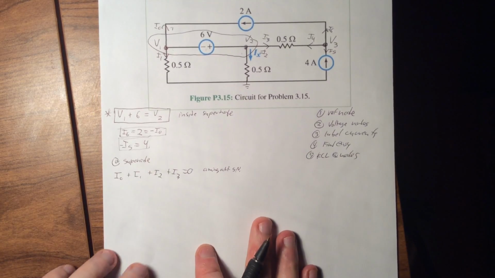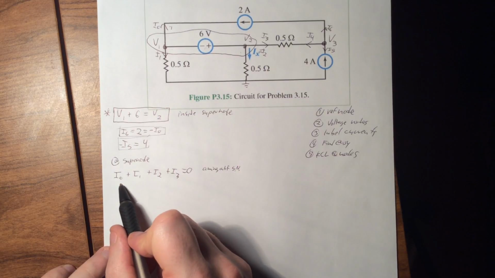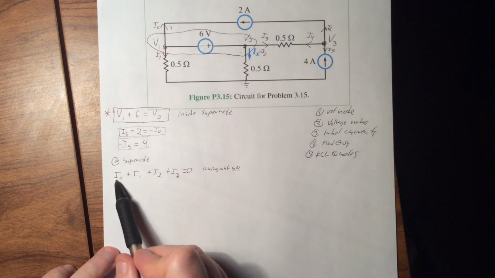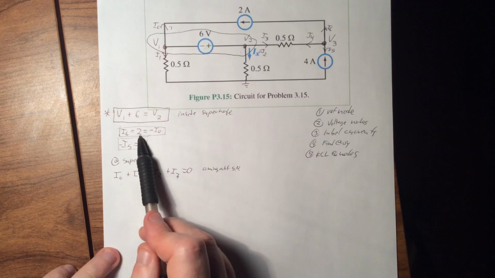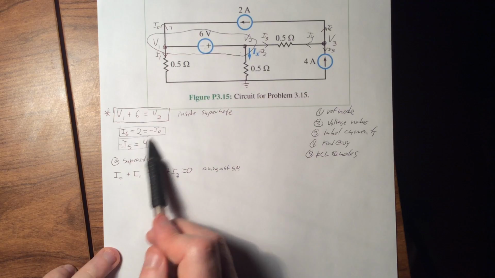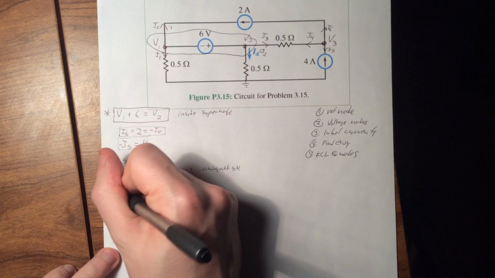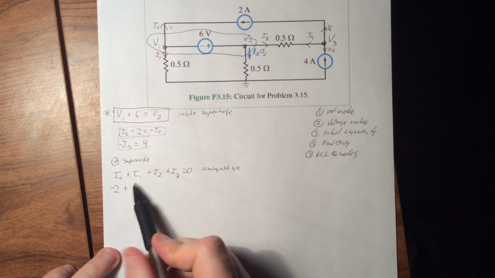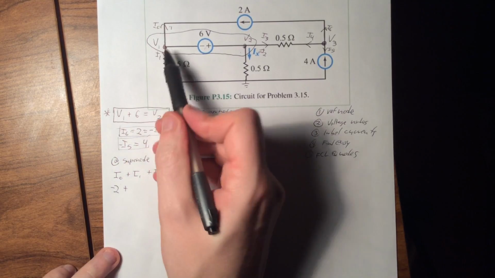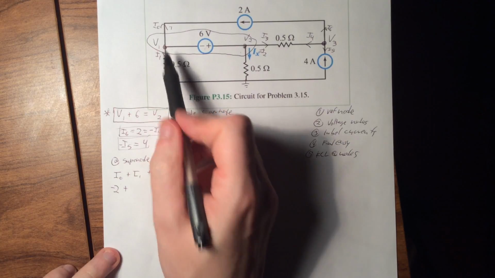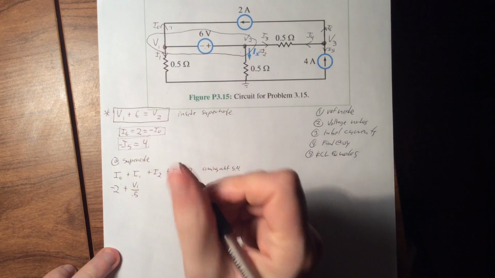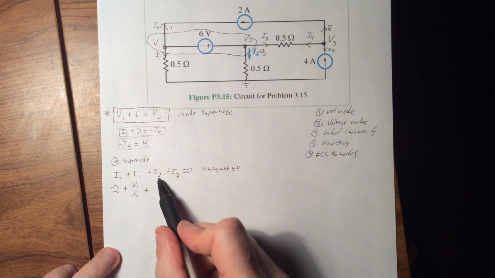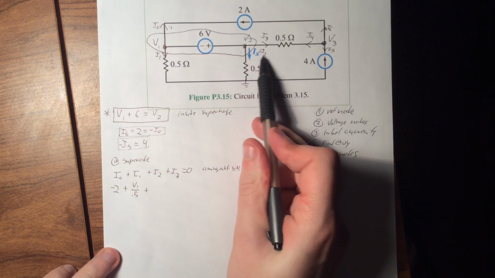So now what are we going to do with this? We are going to solve each piece of this. I0 we already wrote down up here. Negative I0 equals 2, so we can bring that negative to the other side: minus 2 plus I1. We've got V1 to 0, so V1 minus 0 over 0.5, so V1 over 0.5, plus we've got I2 here, which is equal to Ix.